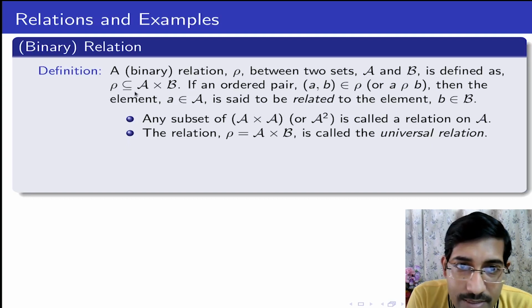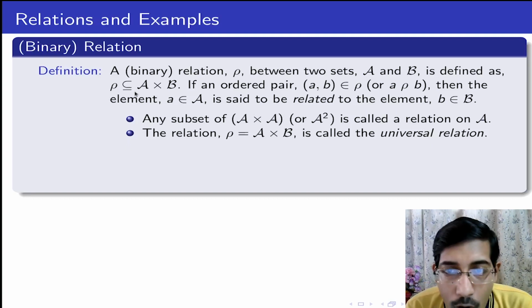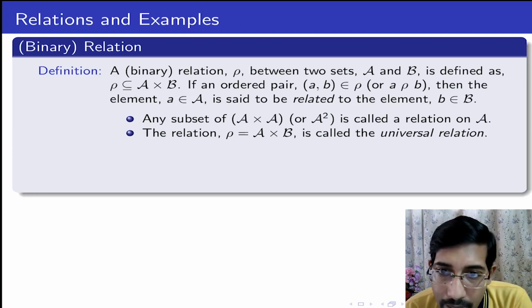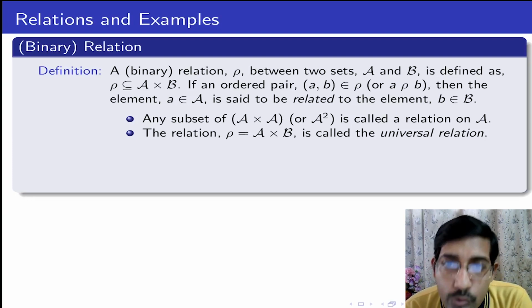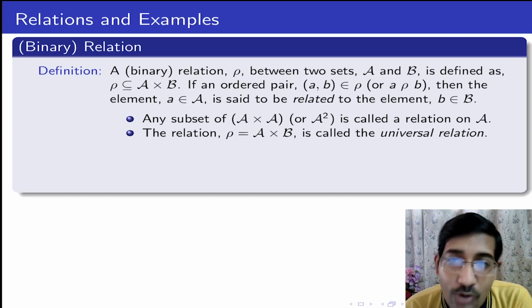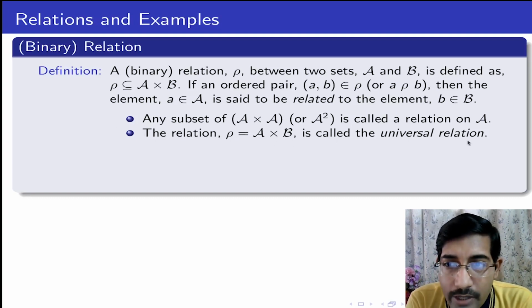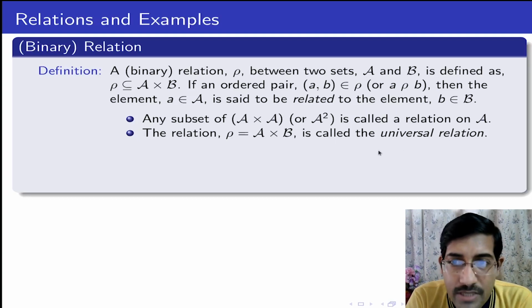Remember that it's a subset: among all possible pairs that we can combine, I am only interested in those pairs which satisfy a certain rule, which is the relation that I define. If the relation is equal to A cross B, we call it a universal relation. It means that every pairing A comma B, in this order, is possible.